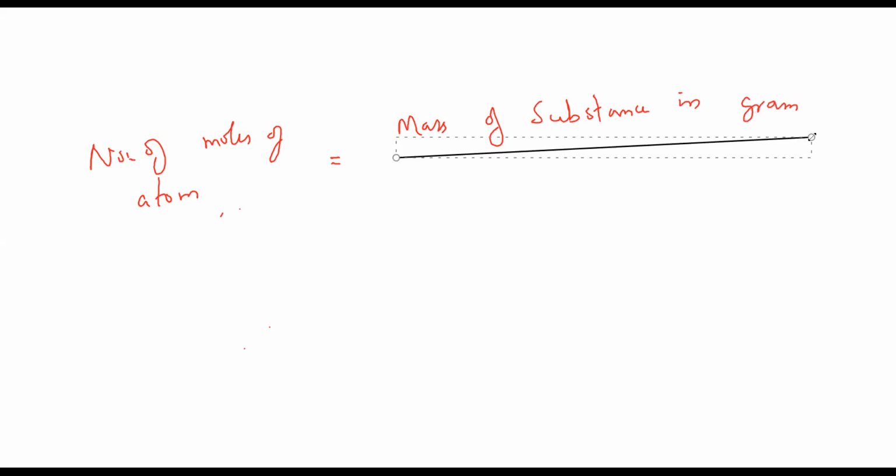Number of moles of atom is equal to the mass of the substance in gram, whole divided by gram atomic mass. Do not get scared or worried by these new terms. It's very, very easy. Okay, this is your first thing.